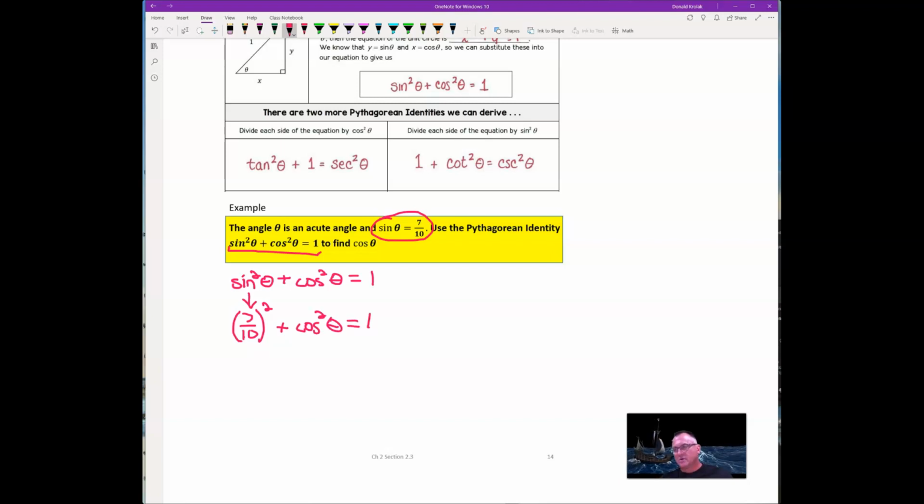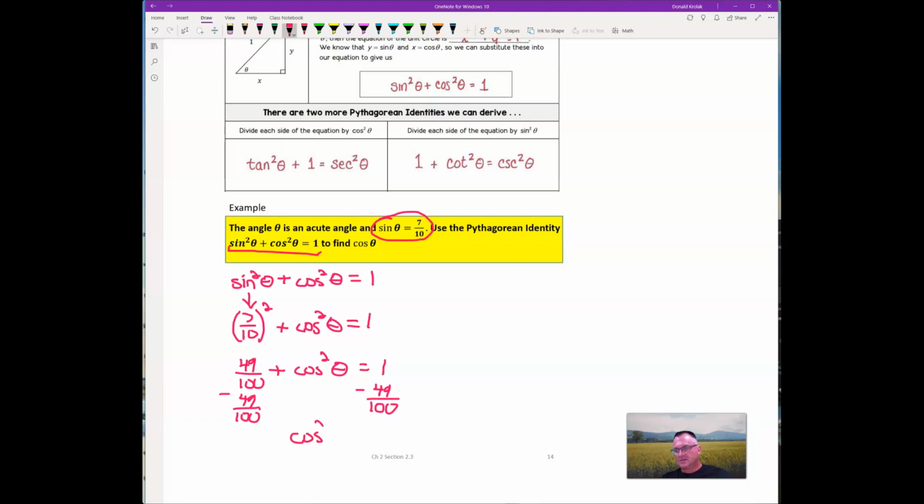Now, square 7 over 10. So 7 times 7, 10 times 10. Now, subtract 49 over 100 from both sides, and I get cosine squared, so I'm getting closer.